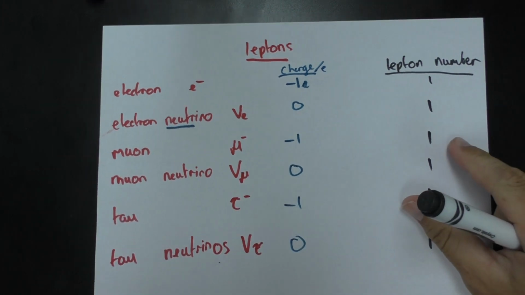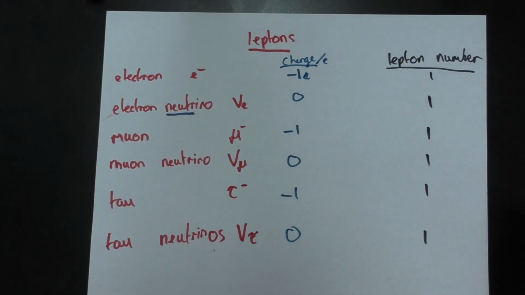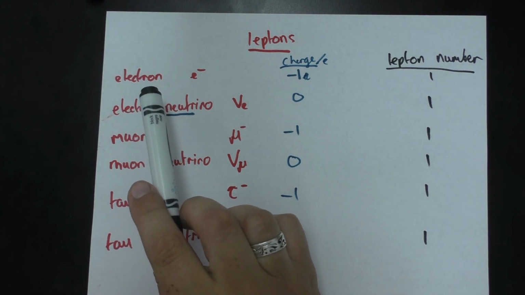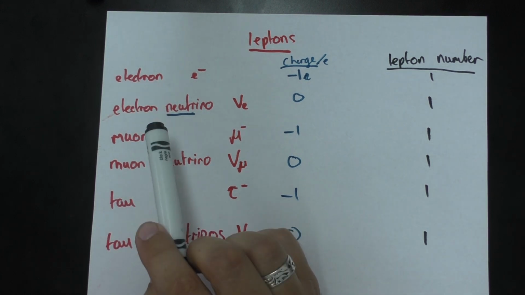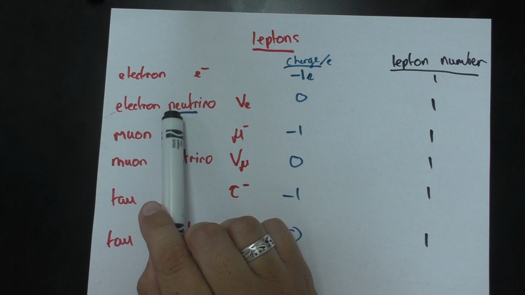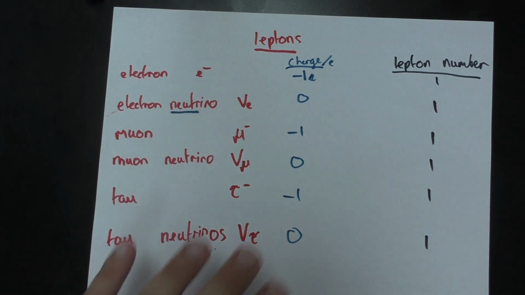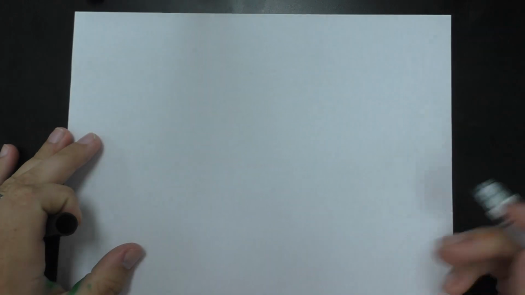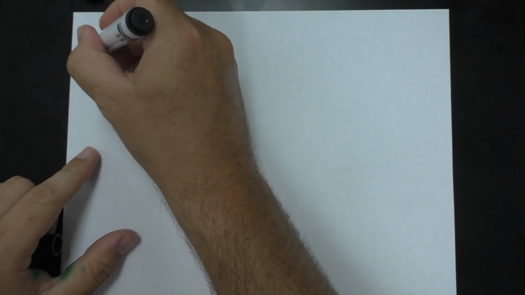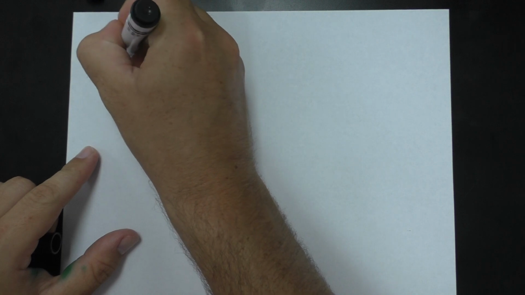has an antiparticle. So we are going to focus on my next page, antielectron and an antielectron neutrino. So, an antielectron, well, does anyone know what an antielectron is called? Well, it's otherwise known as a positron.